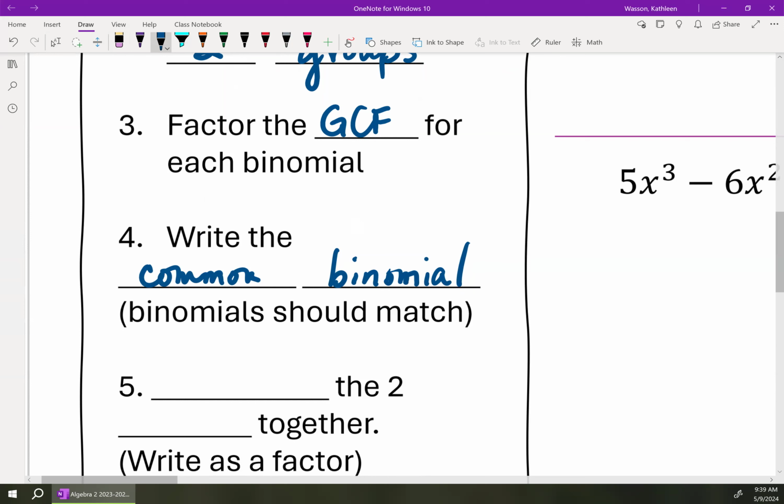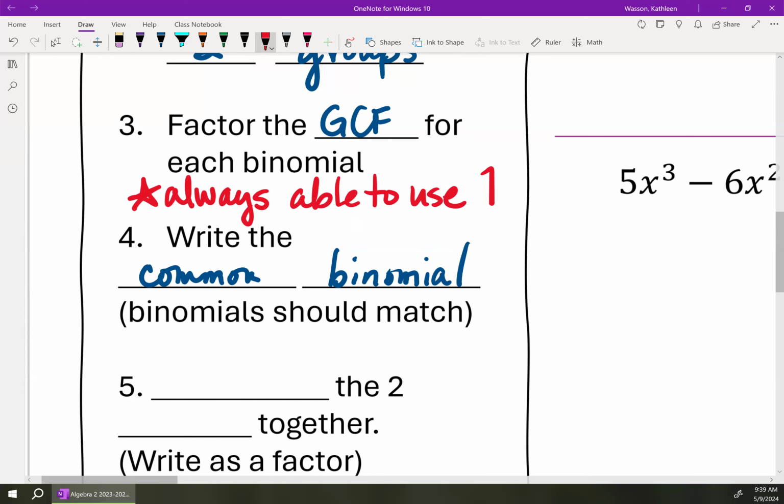The other thing to know is that if you don't see a greatest common factor for each, you can always use 1. So if your binomial seems like it's prime and there aren't any common factors between the 2 terms, just say it's 1.